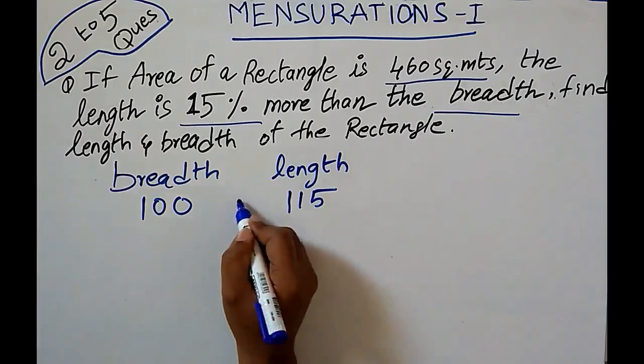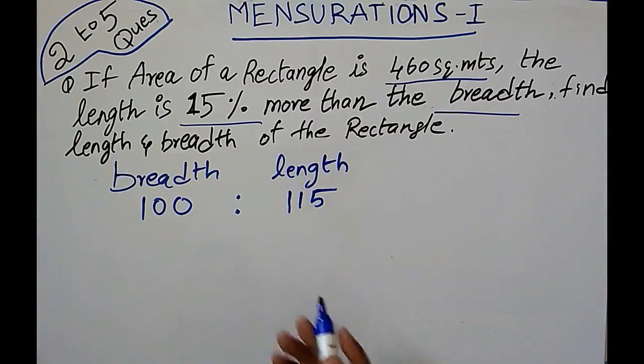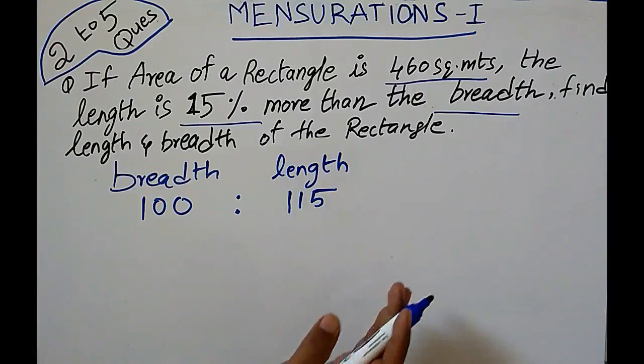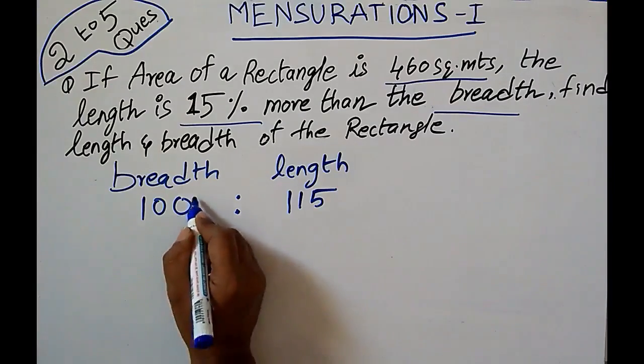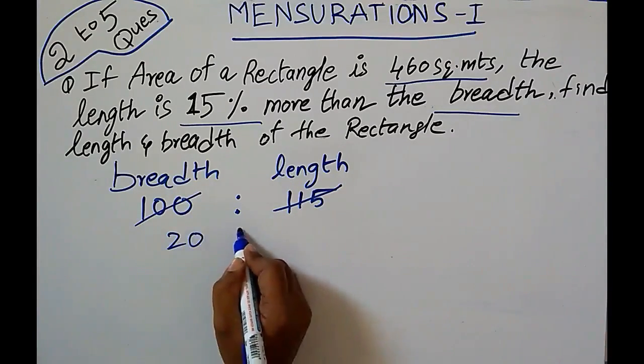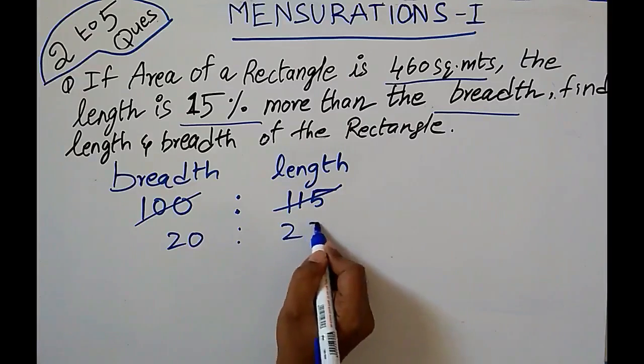See friends, this is in ratio form. Actually for 100% of breadth, there is 115% of length. So by dividing by 5, we get 20:23.